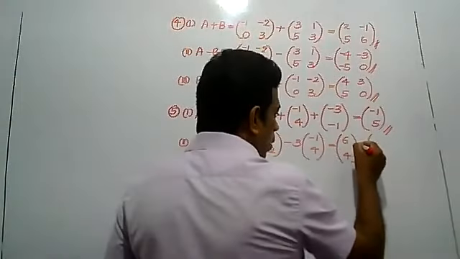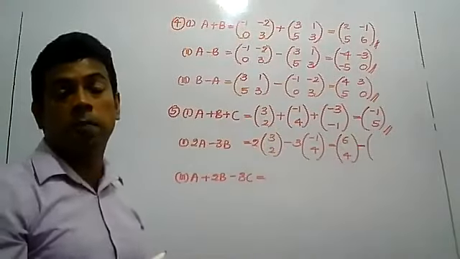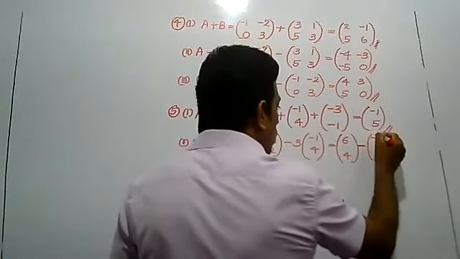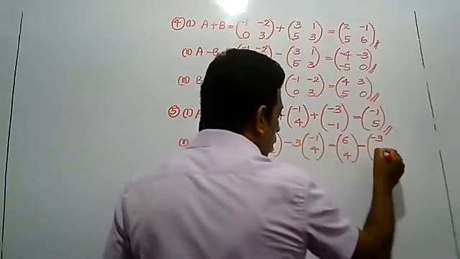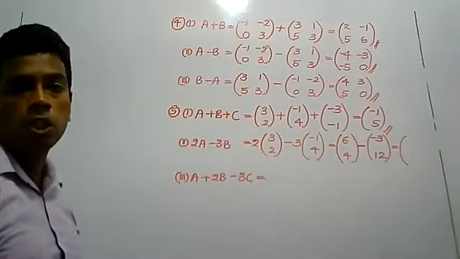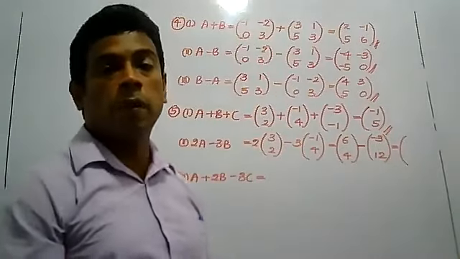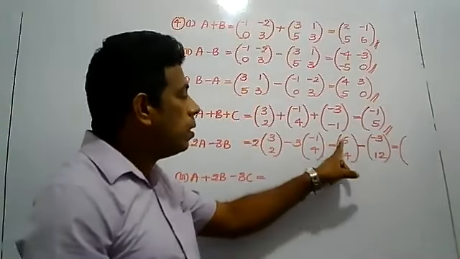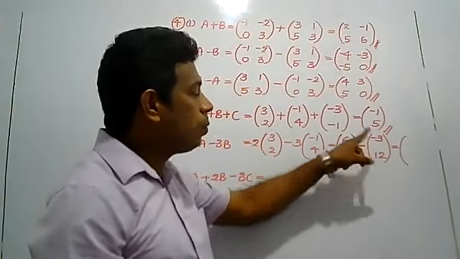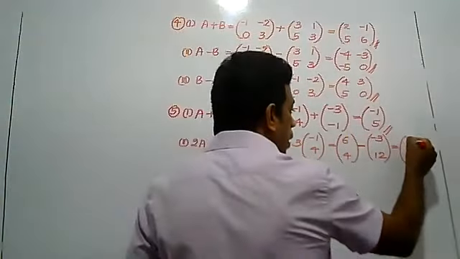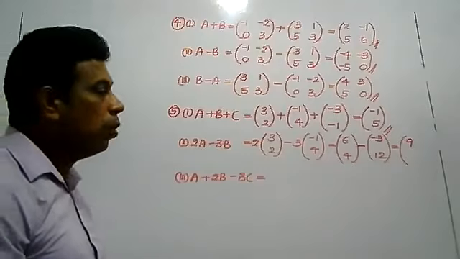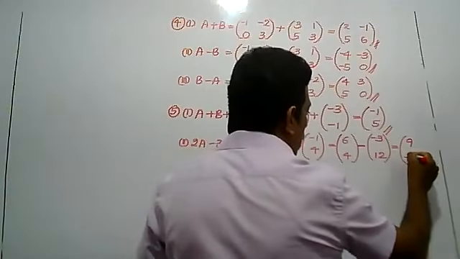I will keep the sign unchanged and multiply that matrix by plus 3. 3 into minus 1 is minus 3, 3 into 4 is 12. Now subtract the two matrices. 6 minus minus 3 is 6 plus 3, 9. Then 4 minus 12 is minus 8.